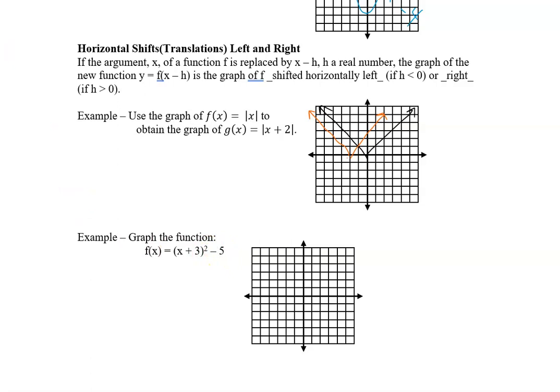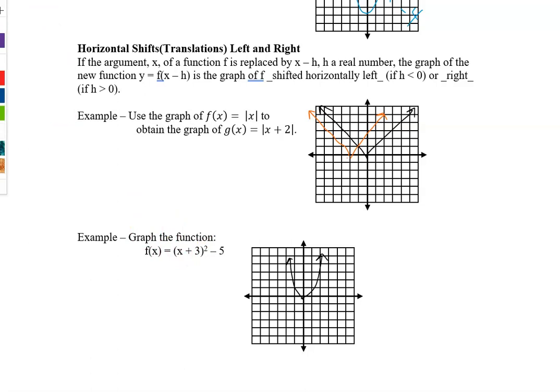So first thing we need to do is identify what is the common graph, or the parent function, I like to think of it. And in this case, it's x squared. So we're going to start with that parabola with our vertex at 0, 0. And then we're going to apply two different transformations.